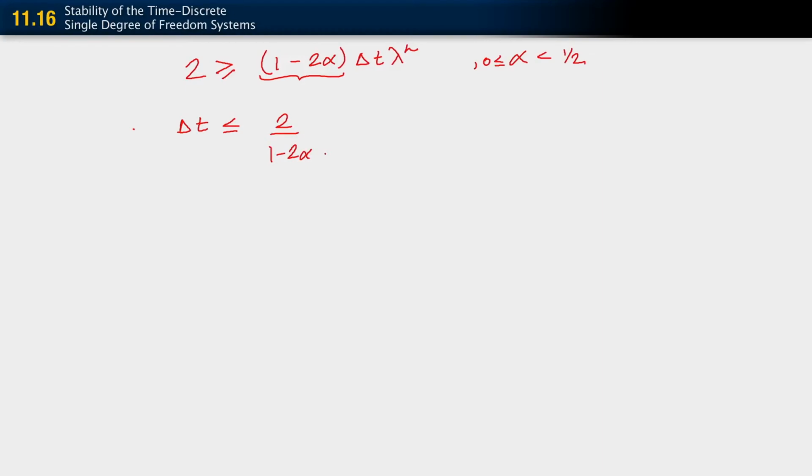We're able to divide through by 1 minus 2 alpha because it is indeed greater than 0, a positive quantity. So this is a situation of conditional stability.